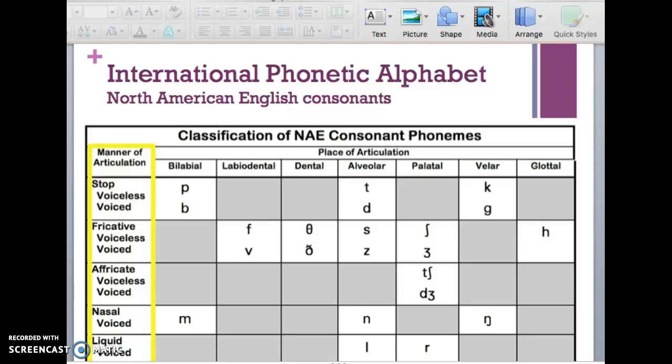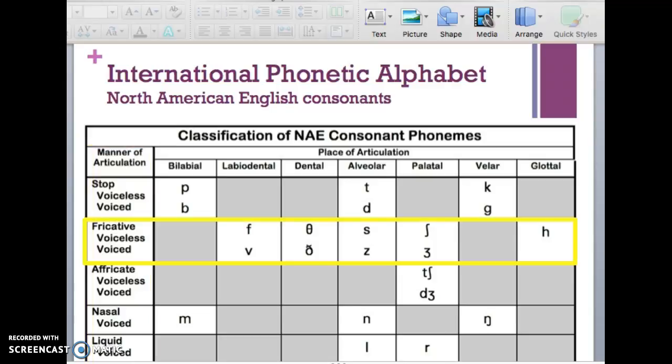For example, the P and the B, you're holding the air in your mouth, and it isn't until you release that air that the sound is produced. Try the P, for example. Sometimes they're considered plosives, and that's because the air bursts when you release your articulators.